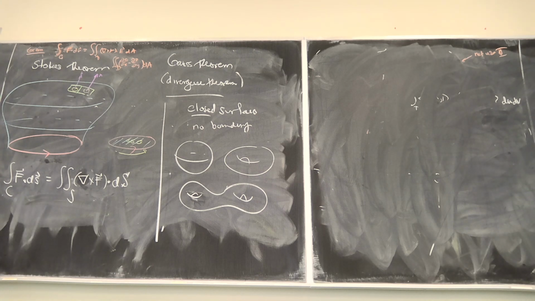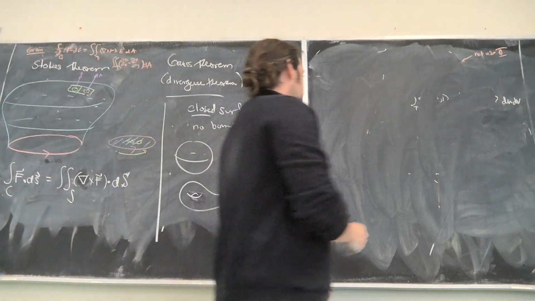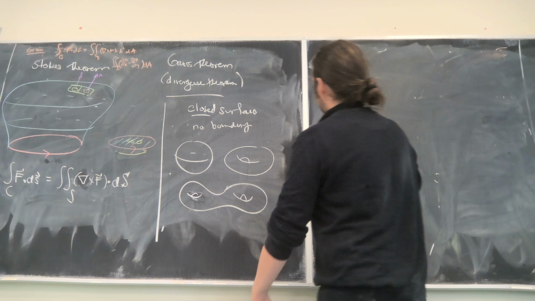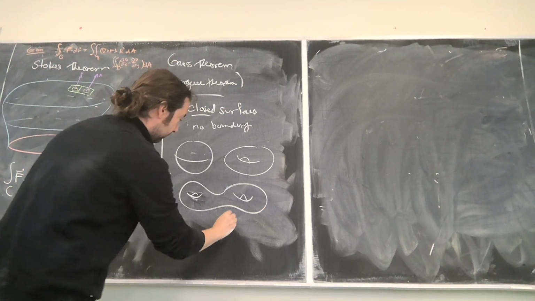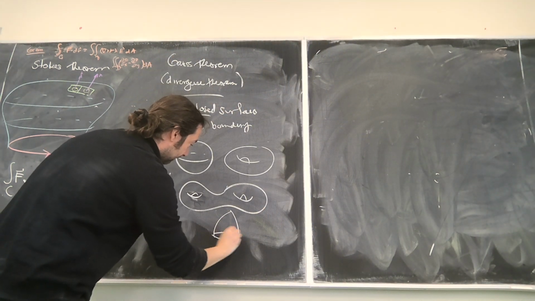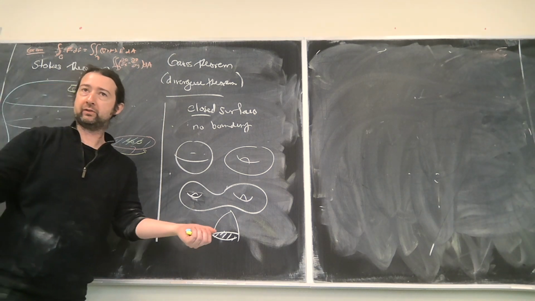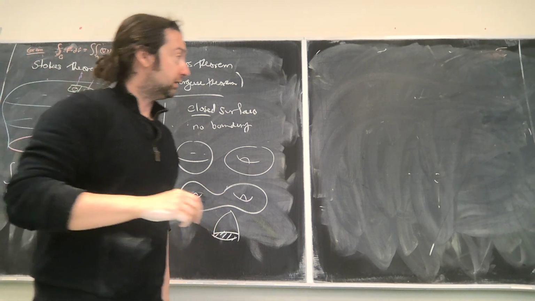You can punch as many holes in a donut as you want. It still stays closed. There's no edge. So what Gauss's theorem says is the following. A simpler shape here might be something like if you took a paraboloid and you put a cap on it. So you actually closed up the top, like putting a lid on a coffee can. That would be a closed surface. A cylinder with both ends attached to it.